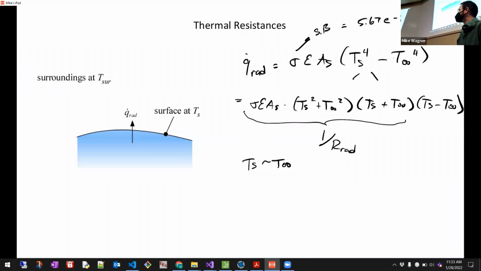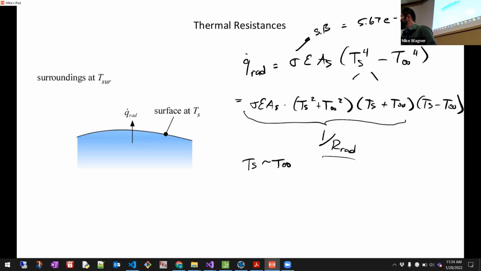The other thing is it's always okay if you just give it a guess, calculate the resistance, then calculate Q dot and your temperatures, and then go back and update your guess in an iterative process. If the point is just to get a handle on things, as long as your guess is about right, you're going to be okay.